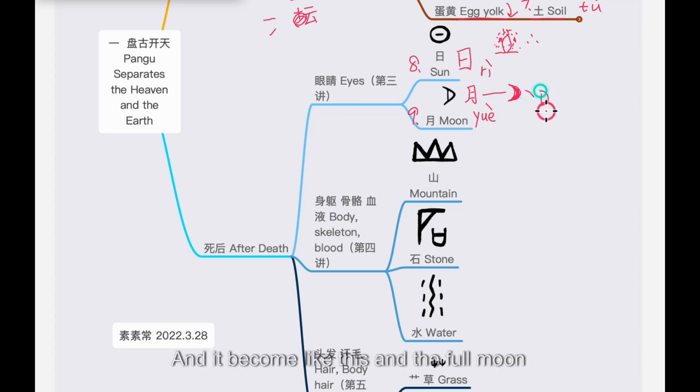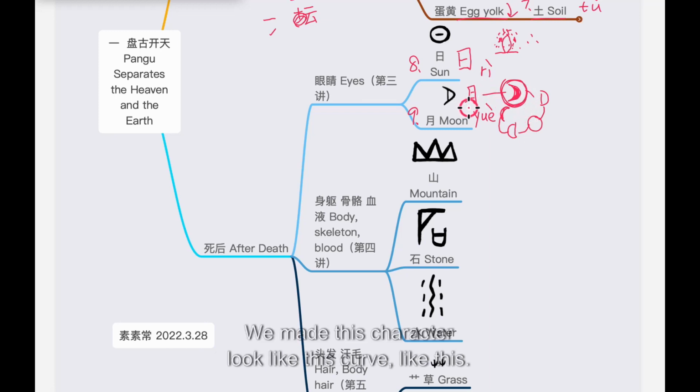And it becomes like this, and the full moon, and it disappeared like this. And it goes back to this shape. This is the beginning of a moon. That's why we draw it like this. Okay, we made this character look like this, curved like this.